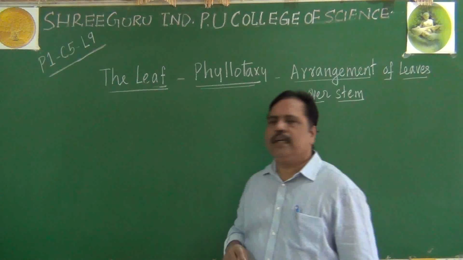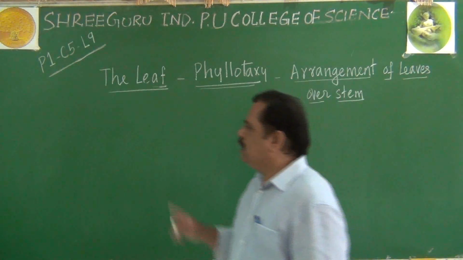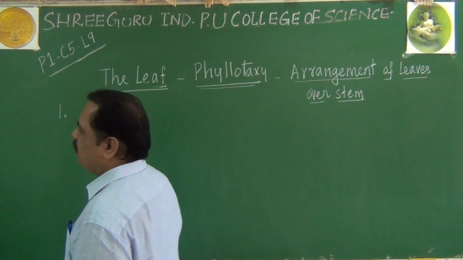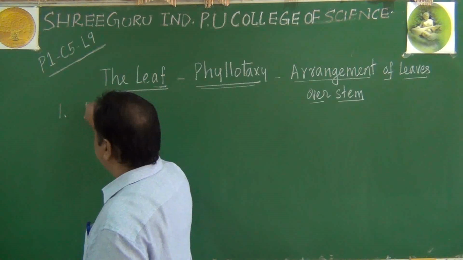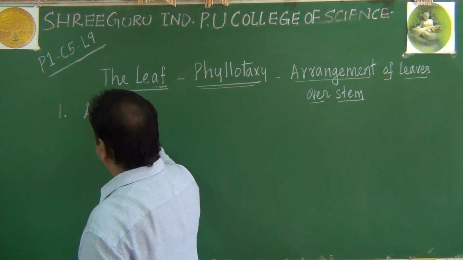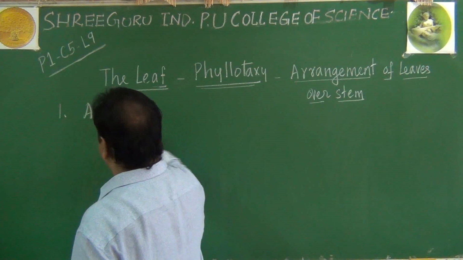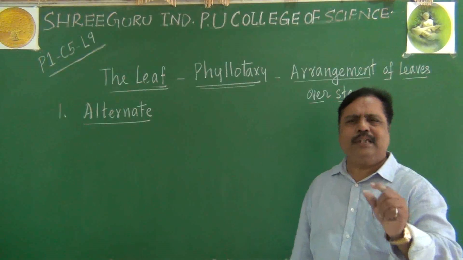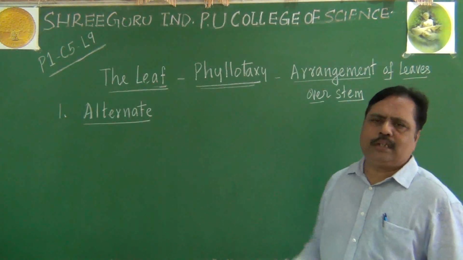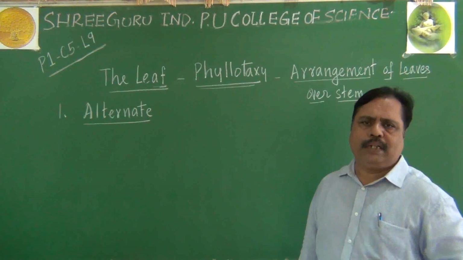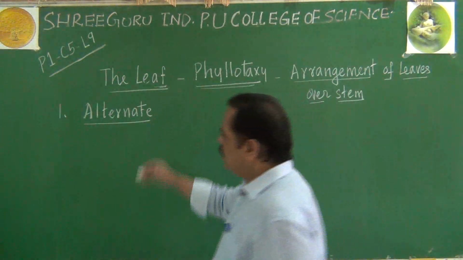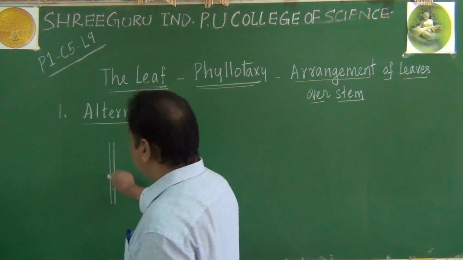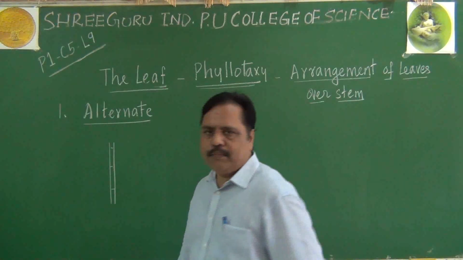What are the types of phyllotaxy? There are 3 types. Remember, the first type, from the name itself you can understand. The first type is called alternate type of phyllotaxy. Very simple, and you could have come across this type of phyllotaxy in many plants also. In alternate phyllotaxy, one node will have one leaf only.